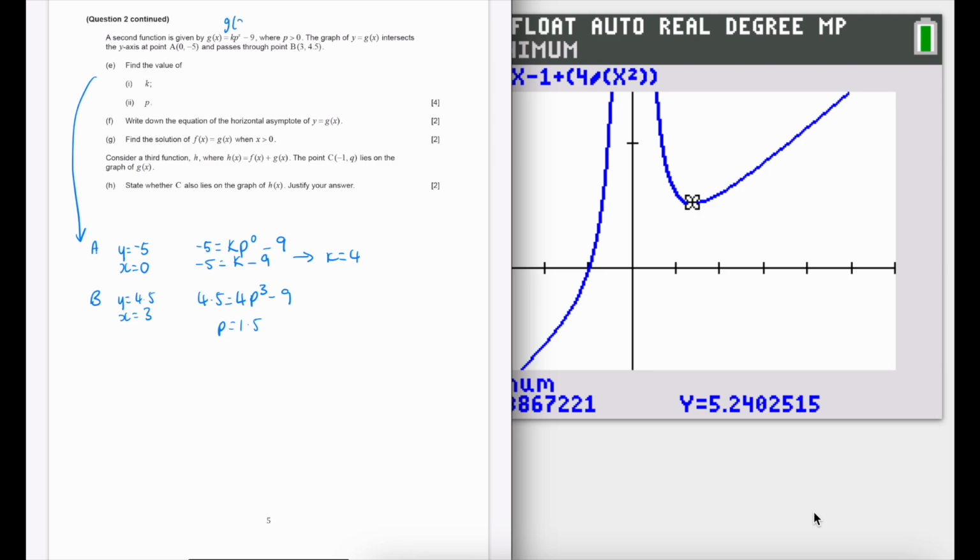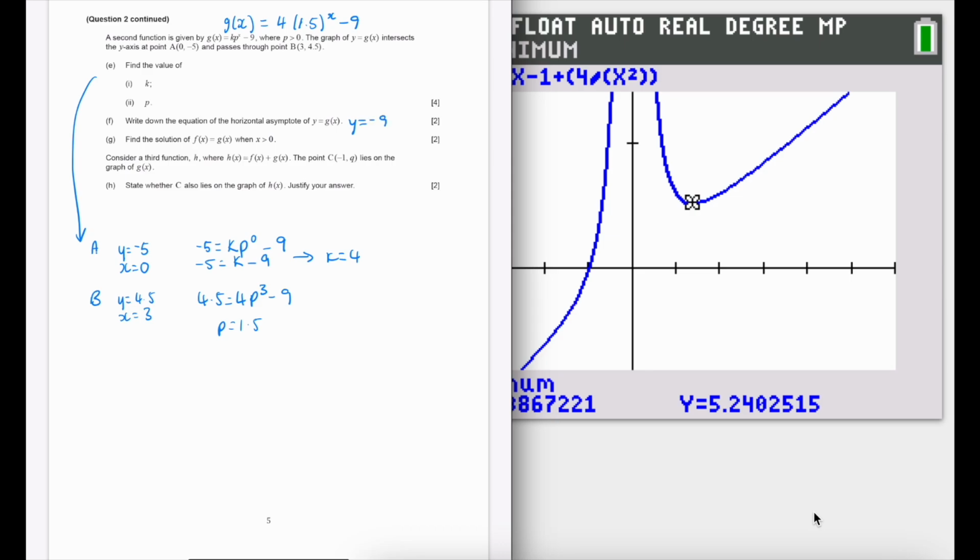So g of x is equal to k, which we've now found to be 4, and then p, which is 1.5, to the power of x minus 9. And we know that the asymptote of any exponential function like that is the last part here, and therefore the asymptote is just y equals negative 9.